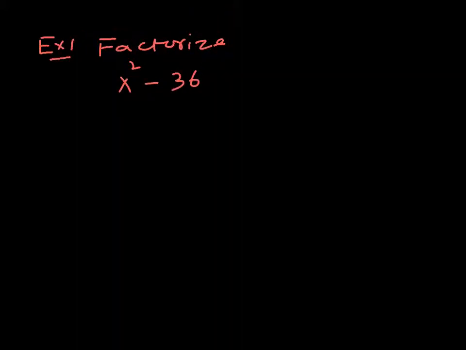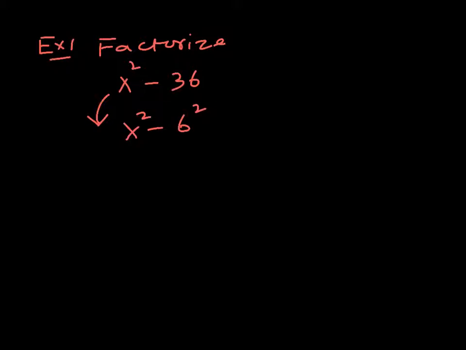Now let's look at an example. So factorize x squared minus 36. Well, the first thing here is that let's rewrite this. This is going to be x squared minus 6 squared. Okay, now both of them are squares. So this is a difference of two squares.